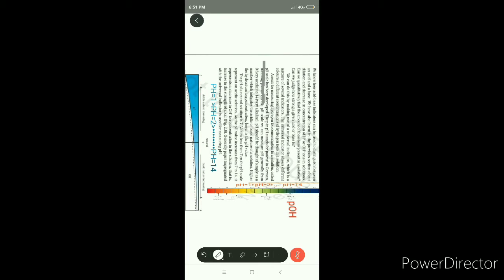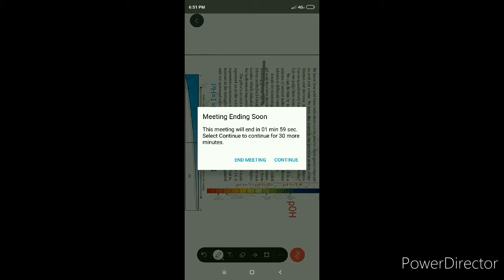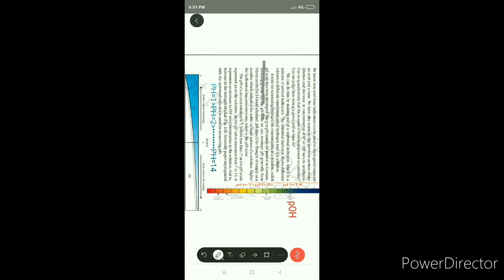Okay, so in the pH scale, P stands for potenz. Potenz means power. It is a German word. So on the pH scale, generally it starts from 0, which is very acidic, and goes to 14, which is alkaline.